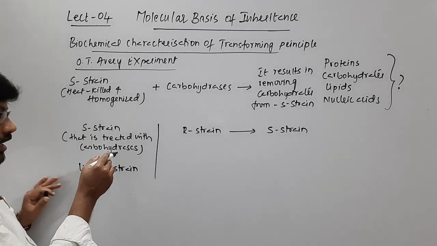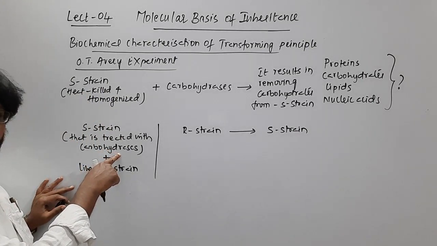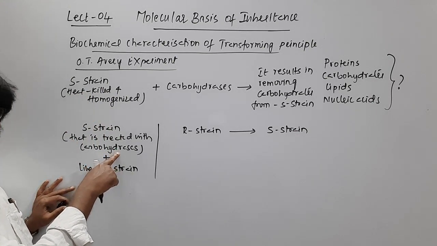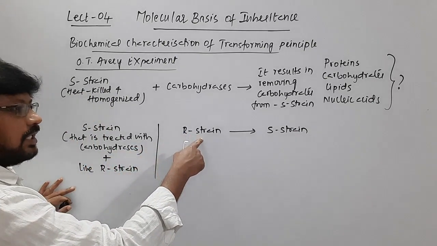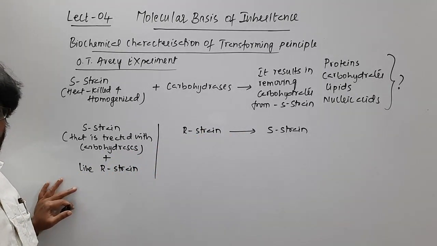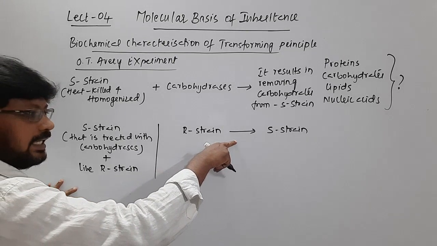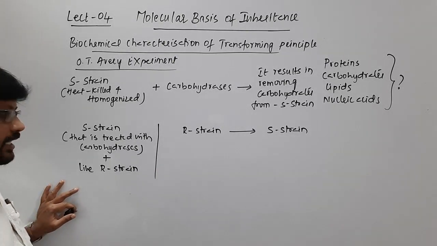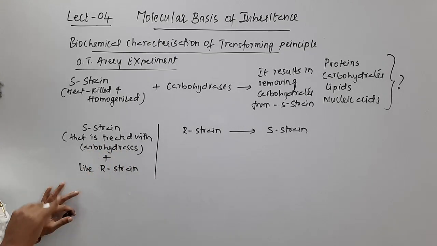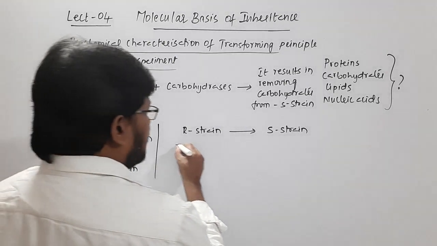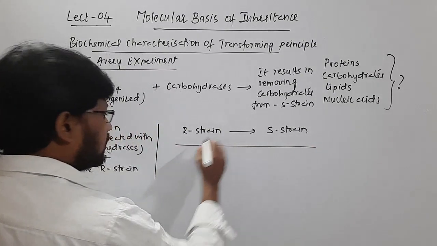If carbohydrates were the transforming agents, as I have removed them here, this conversion of R strain to S strain should not take place. But here it has taken place, and this makes us understand that carbohydrates are not the transforming agents.